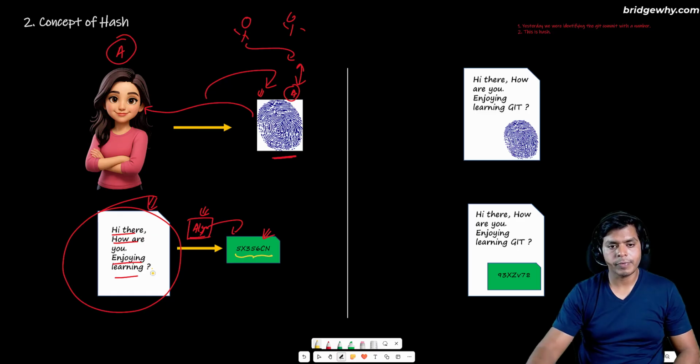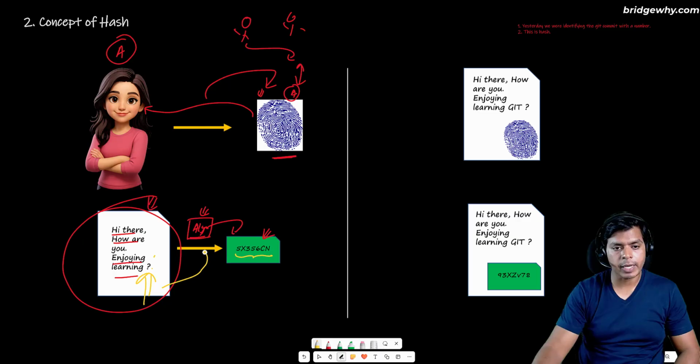fingerprint of this file. If we change the slightest thing, if we change only this question mark in this file, and again give this file to this algorithm, the number it will produce is going to be totally changed, right?